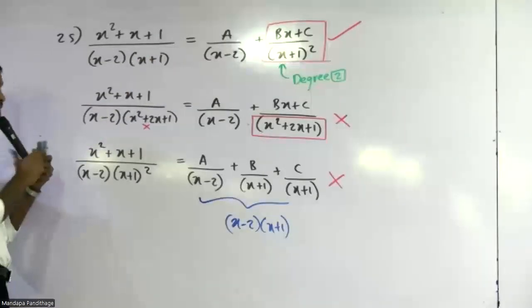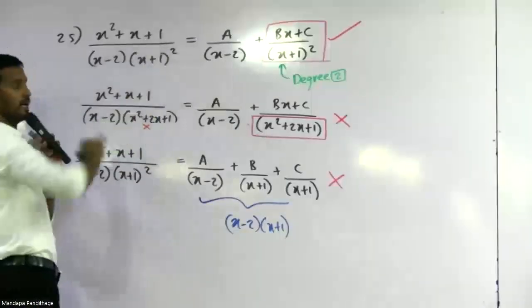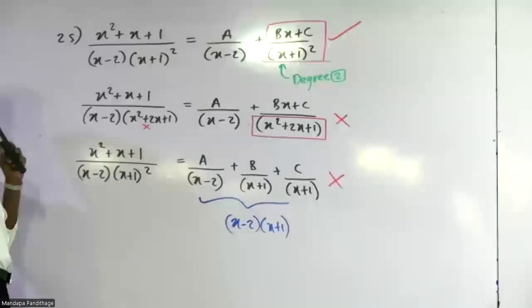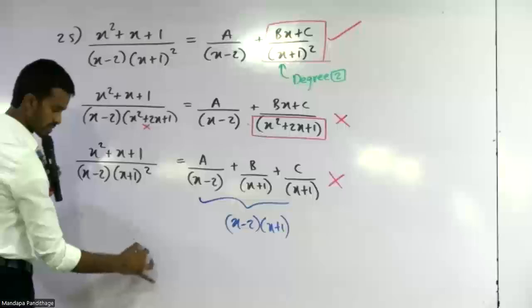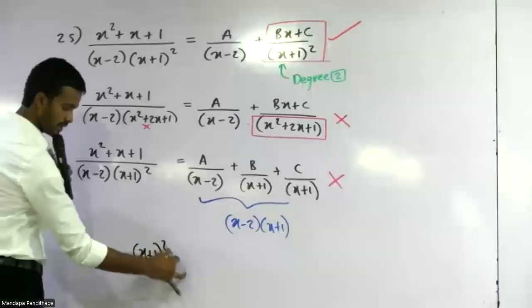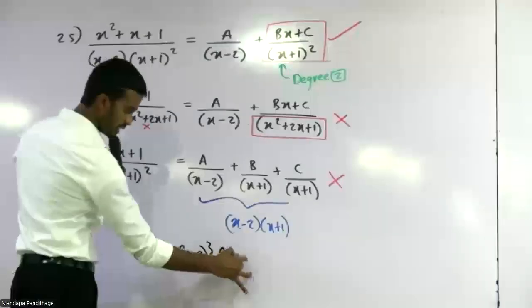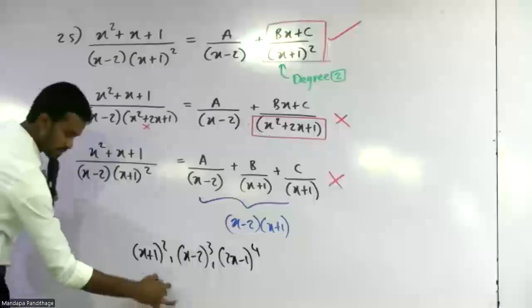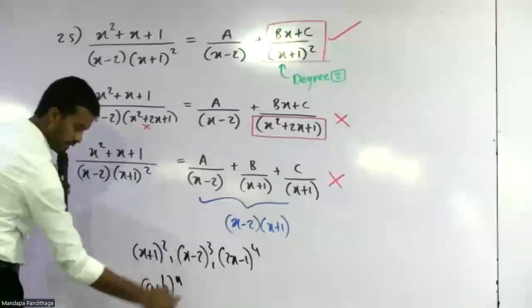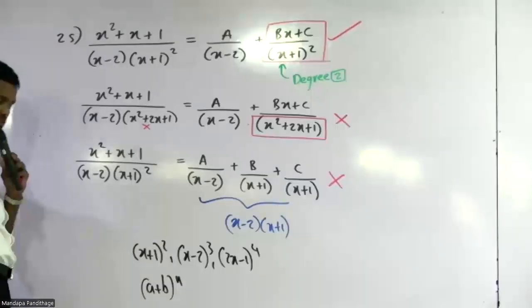Okay. So when we are having an expression like x plus 1 squared, we call it a recurring factor. Recurring means we are getting it again and again. So x plus 1 squared, x minus 2 cubed, these are recurring factors. Simply, a plus b to the power n is a recurring factor.